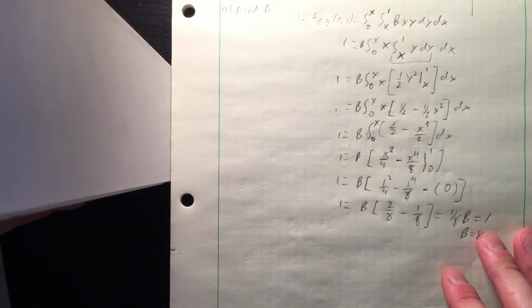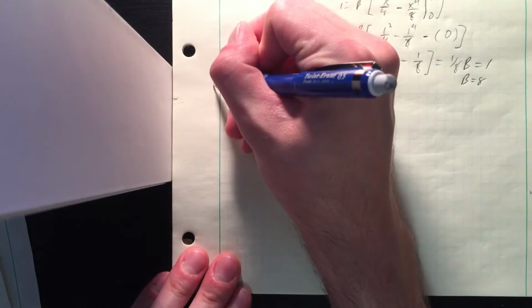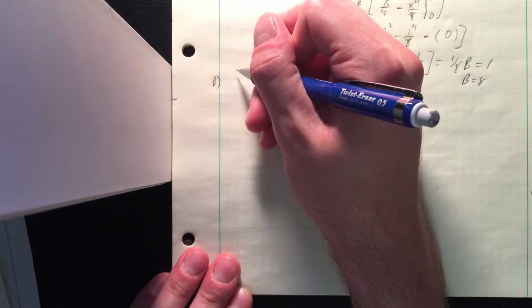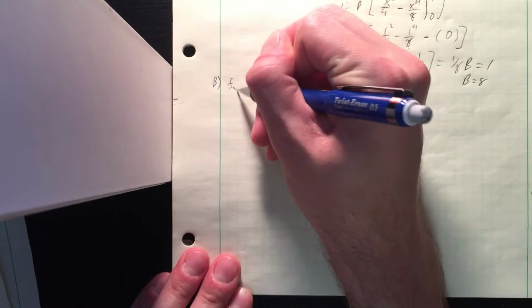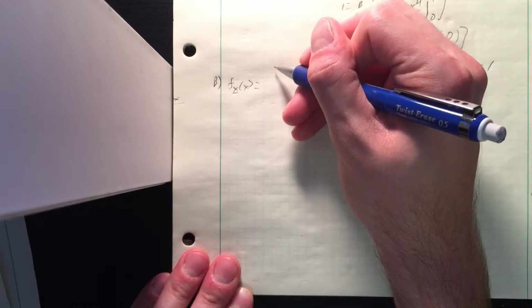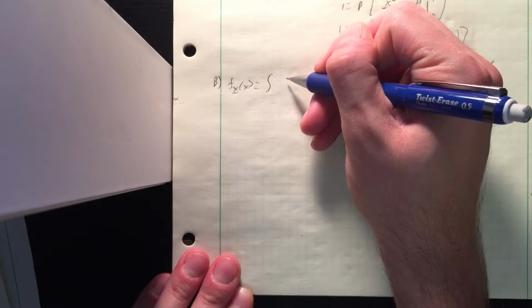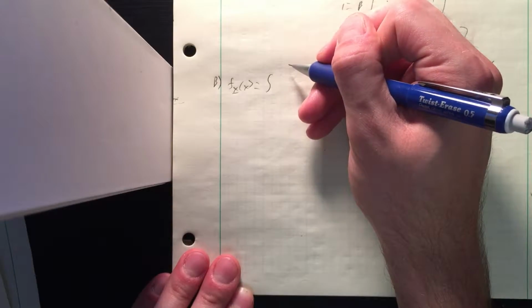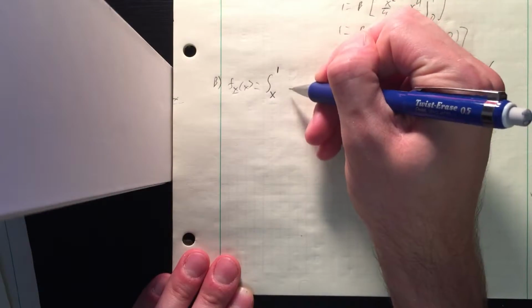So on to part B. Find and sketch the marginal density functions f of x and f of y. So f of x is going to be equal to the integral of the joint density function over the values of y, from x to 1.